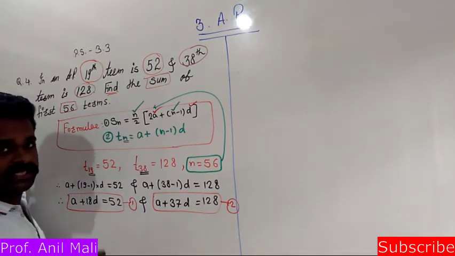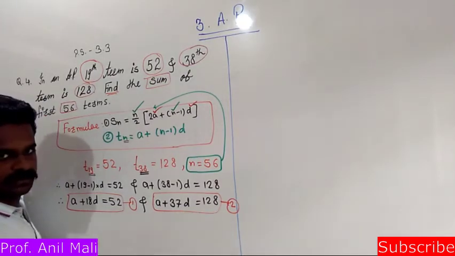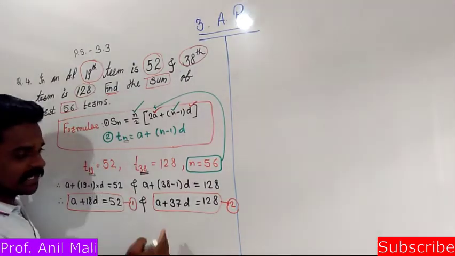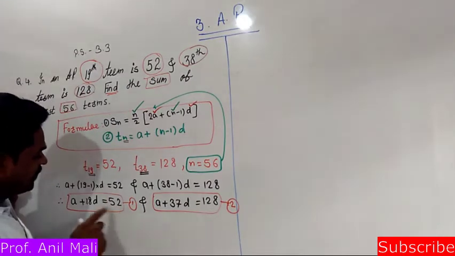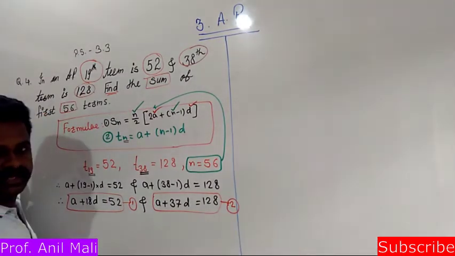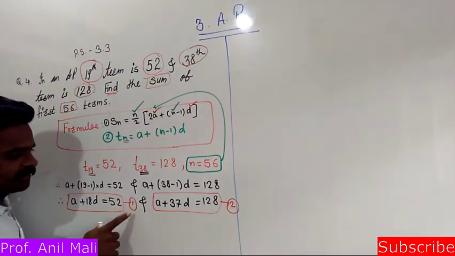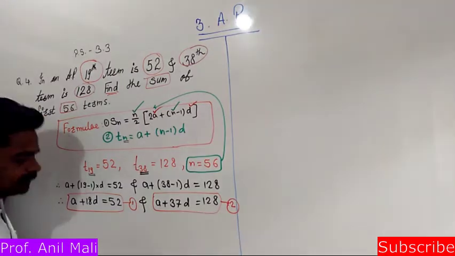Which equation will you subtract from which? First from second, because the terms in the second equation are greater than the terms in equation 1. That's why we subtract equation 1 from equation 2.